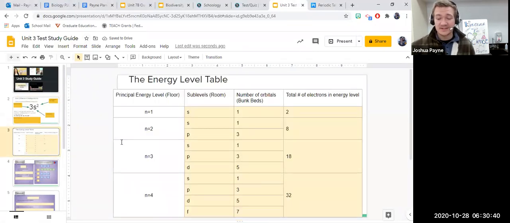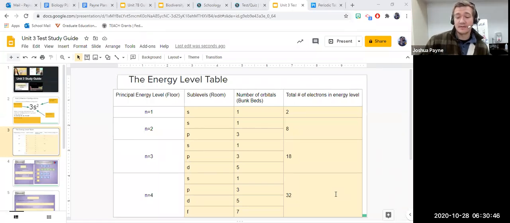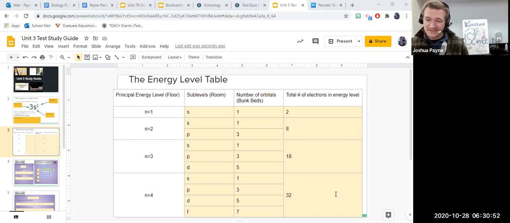Okay, this energy level table, this is something we covered in class. I'm not going to type it back out. Make sure you have it matching exactly what I have here. Now, the question this relates to on the test, I'll let you guys in on a little secret, is basically this. If I asked you on the third energy level, n equals 3, our third floor, what subshells exist on that energy level?